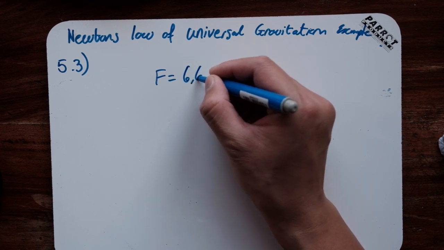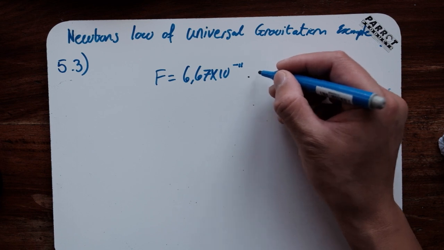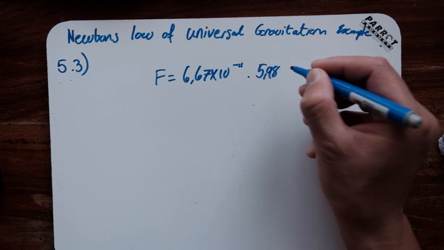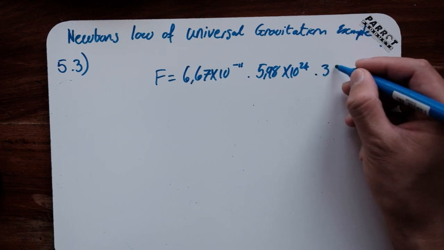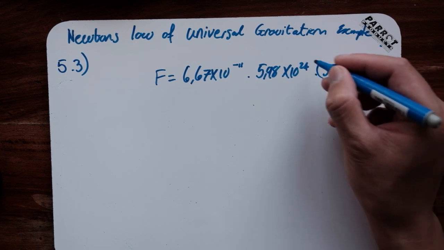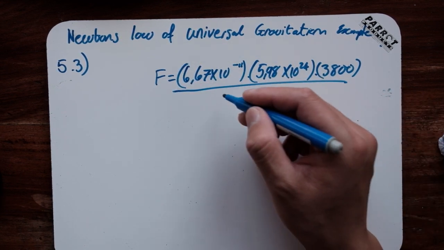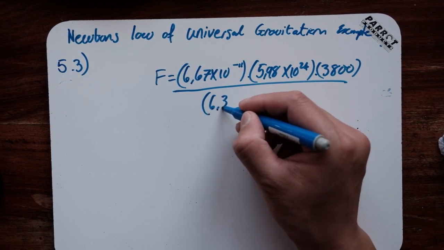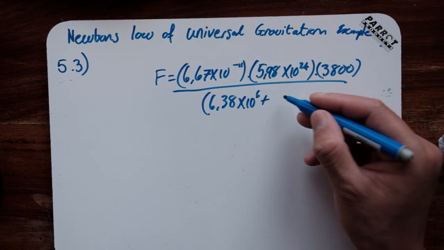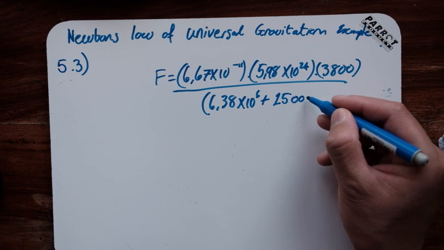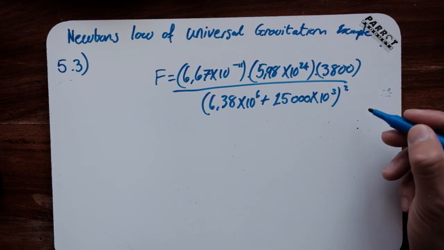6,67 times 10 to the power of 11 times 5,98 times 10 to the power of 24 times 3,800. Chuck those in brackets, all over 6,38 times 10 to the power of 6 plus 25,000 times 10 to the power of 3 squared.